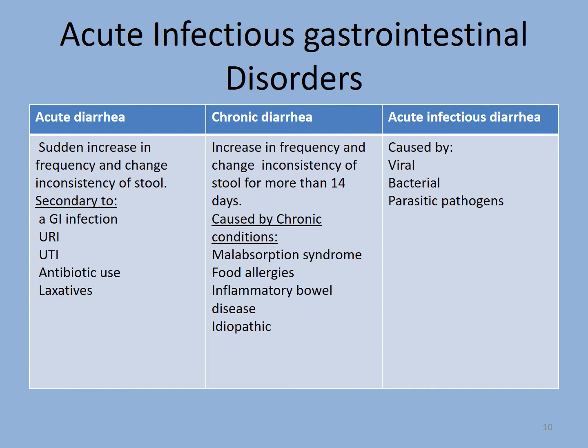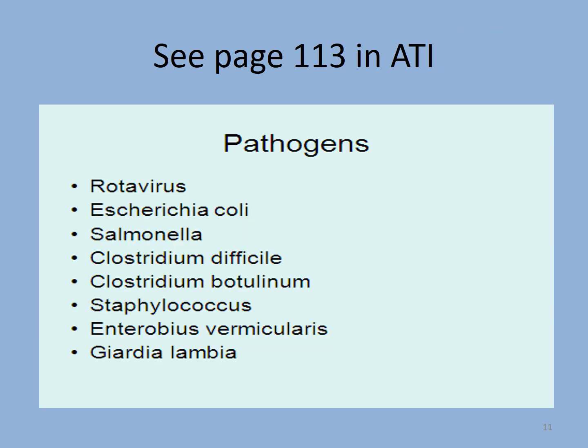The child with acute infectious diarrhea generally has been exposed and has picked up a viral, bacterial, or parasitic infection. These are the pathogens we see in acute infectious diarrhea. Note one on here, the vermicularis. The other name for that is pinworms.